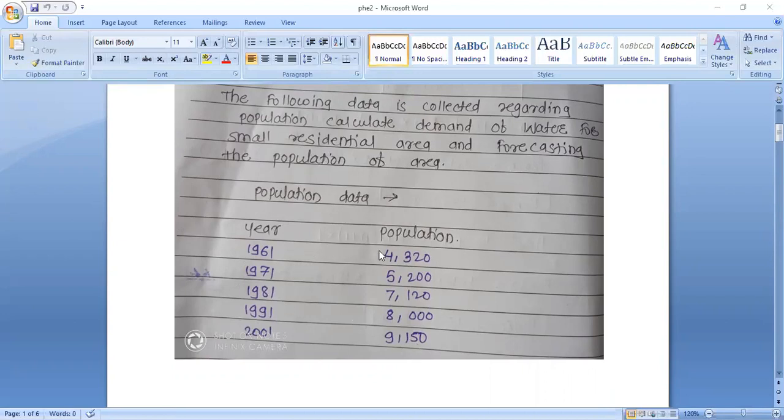Now see, we have the population for the years 1961, 1971, 1981, 1991 and 2001. That is, we have the population at intervals of 10 years, that is, one decade.